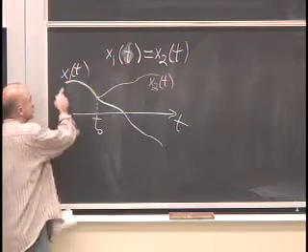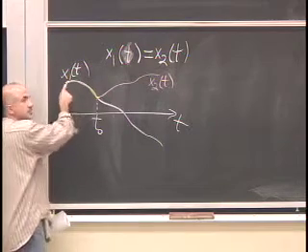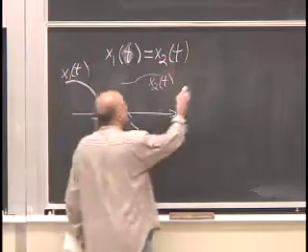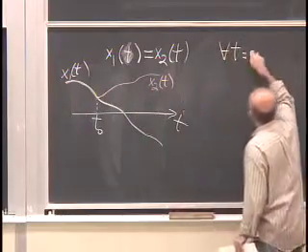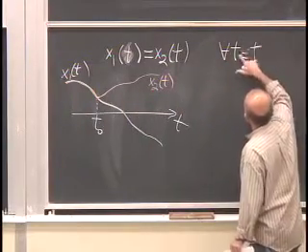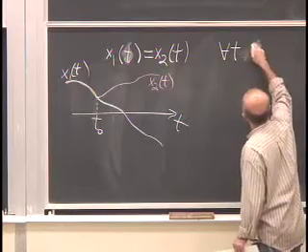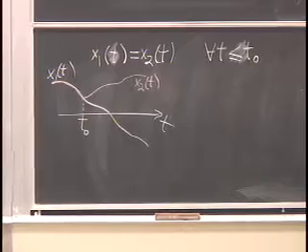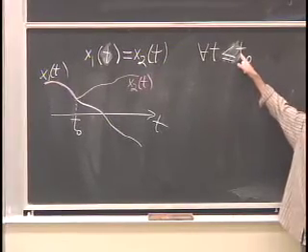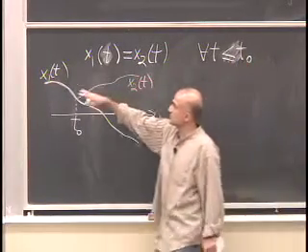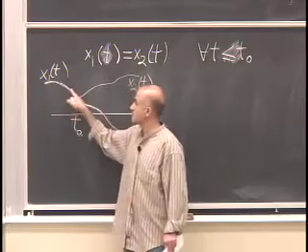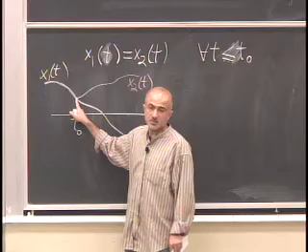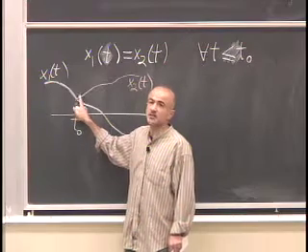If a system is causal and you apply these two inputs separately to it, and up until some point in time t naught, these two input signals are the same, for all t less than or equal to t naught, a system that is causal is not able to distinguish between these two because it's not looking ahead.